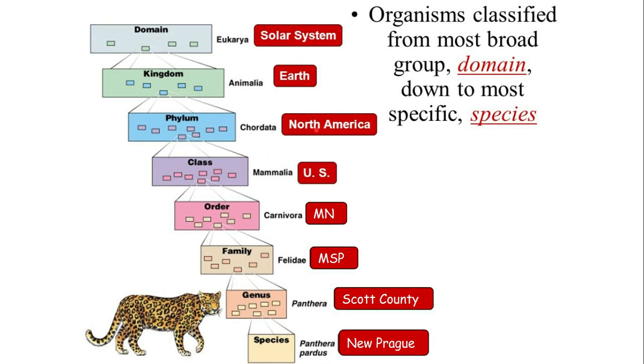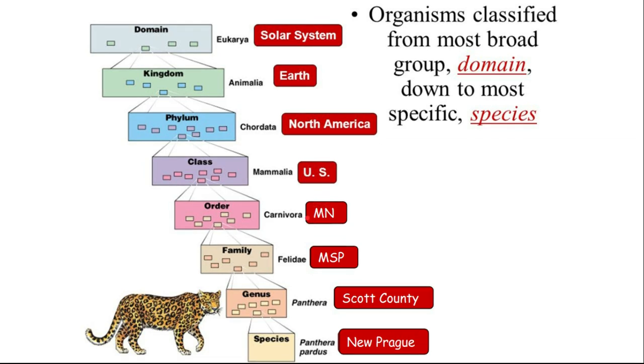As we move further down, going down to class, that is like the class Mammalia. In North America, a smaller part of North America is one country, the United States. We get rid of Canada and Mexico. Moving down farther from class to order, we go from the country of the United States to one state, Minnesota. Going down from order to family, we go from Minnesota to one region of Minnesota, the Minneapolis-St. Paul region.